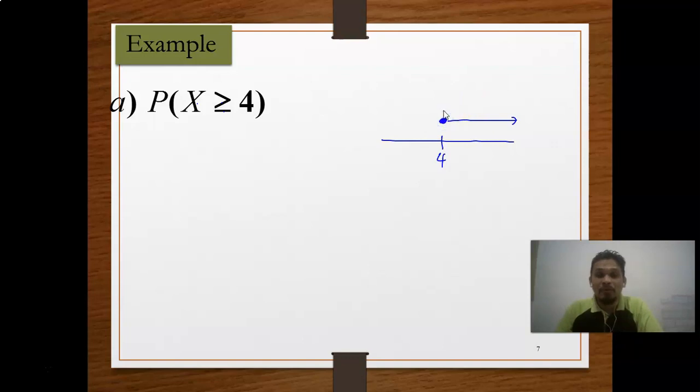So before we move to the right, we take a 0.5 step behind before we move to the right here. Because it's including 4 here, then this is the probability of x greater than or equal to 4.